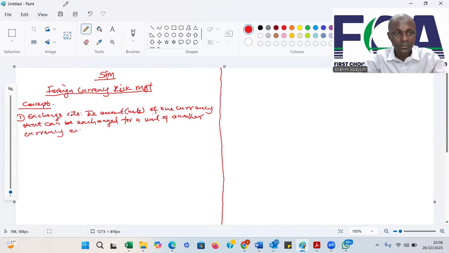So, e.g., 1,500 naira to $1. That's what we call exchange rate.